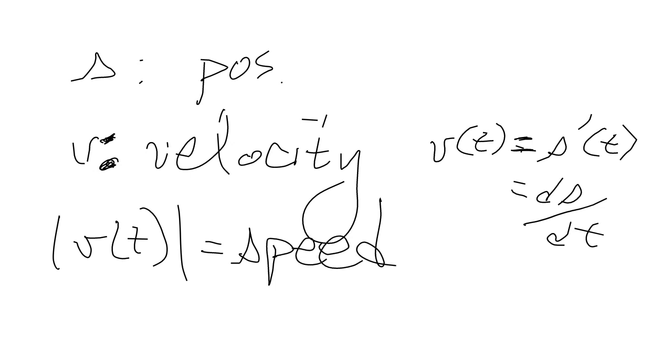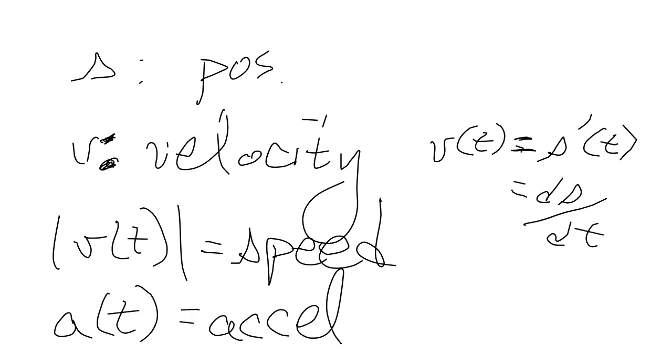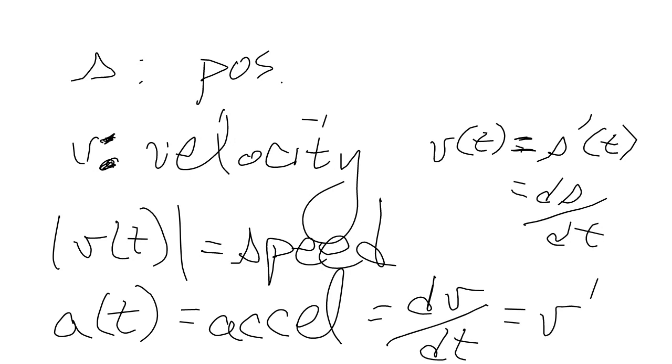And then we have acceleration. So a of t is your acceleration. Well, what's that? That's the instantaneous rate of change of your velocity with respect to time. So acceleration is dv/dt, or if you prefer, v prime evaluated at t. But what could I also say acceleration is in terms of s?